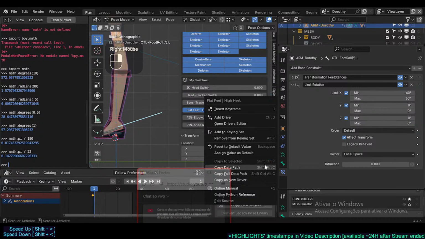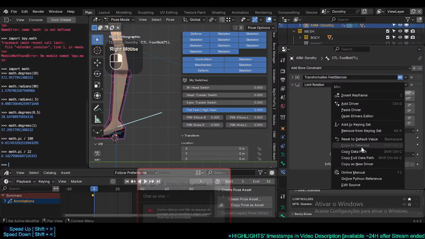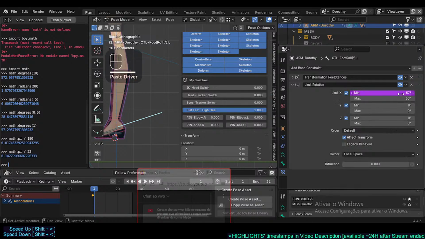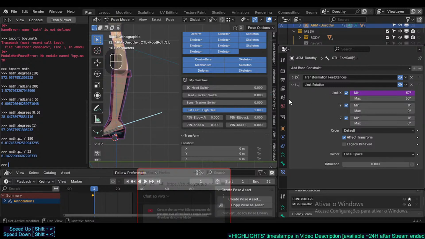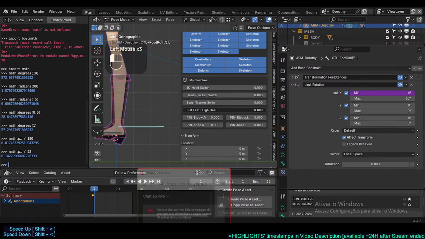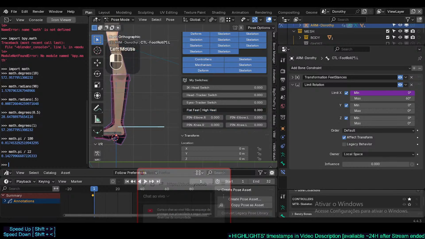Like copy as new driver and something like that. This will do something very weird, right? But basically this is zeroing out the, and for some reason it's not getting the, yeah, this is very destructive, right?